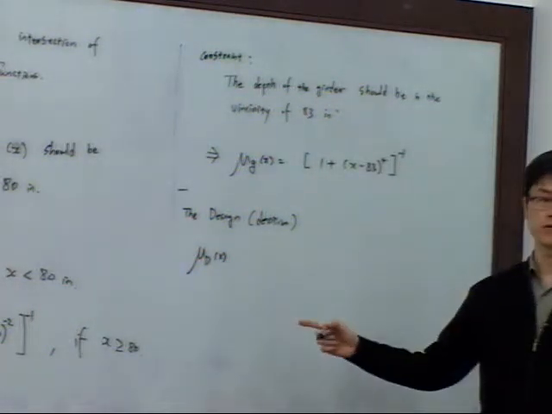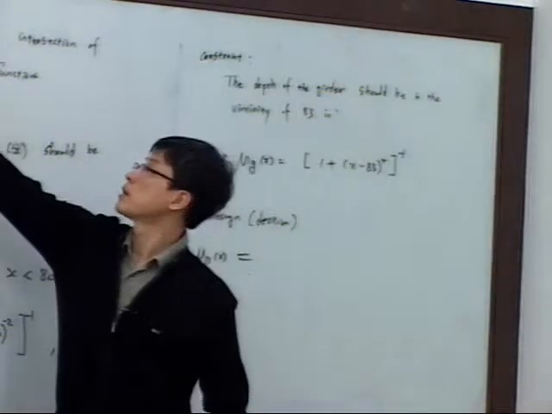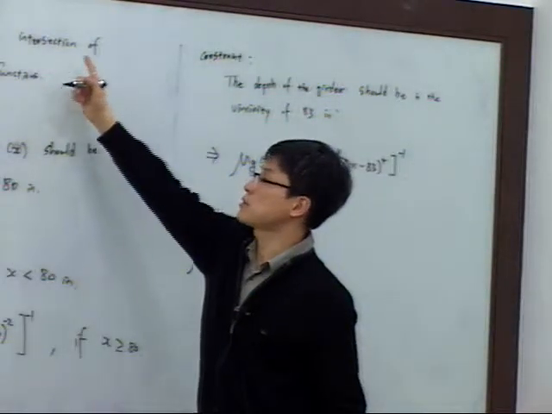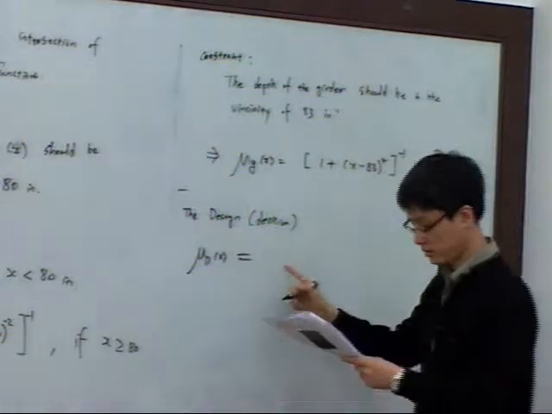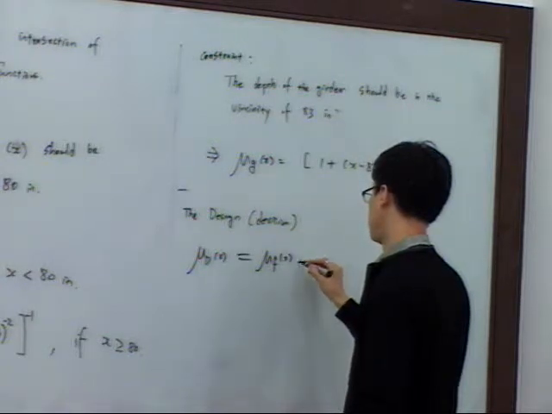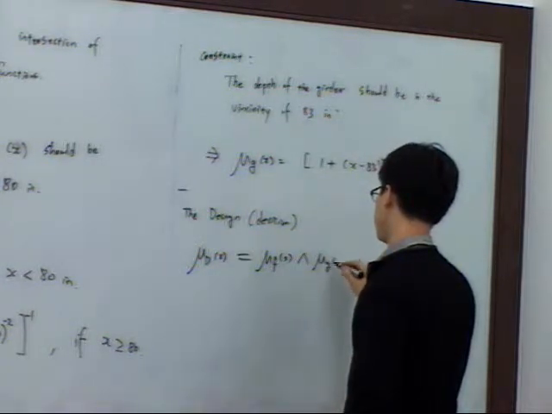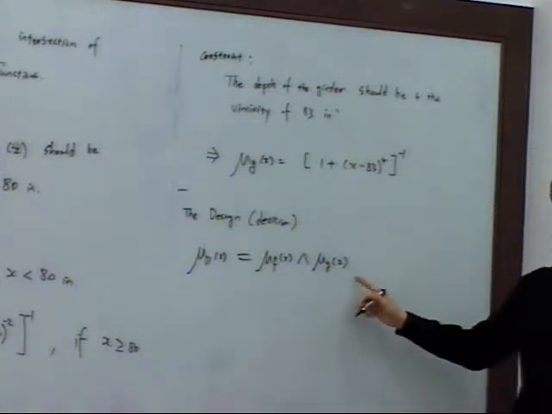It's a design membership function, and design can be viewed as the intersection of fuzzy objective and constraint functions. So it is the intersection of this mu sub f and mu sub g. Okay?